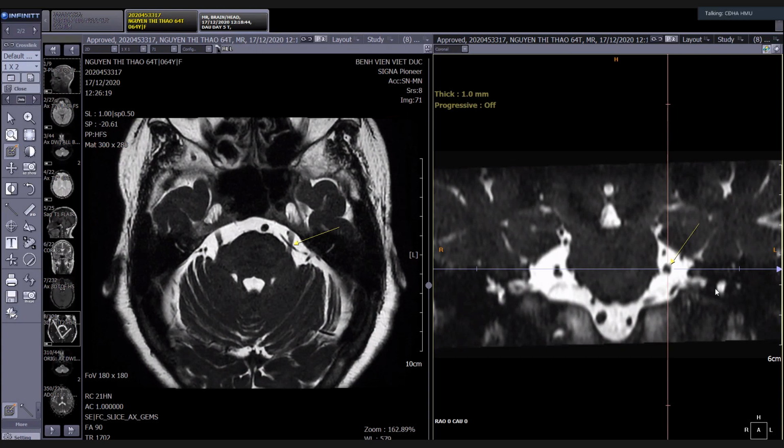Okay, so the clinical symptom plays the crucial role, right? We cannot make the diagnosis of neurovascular conflict without clinical symptom, right?